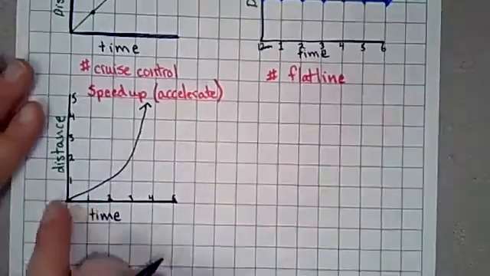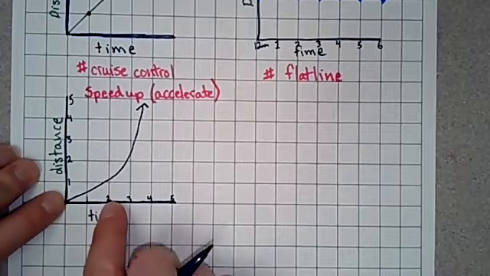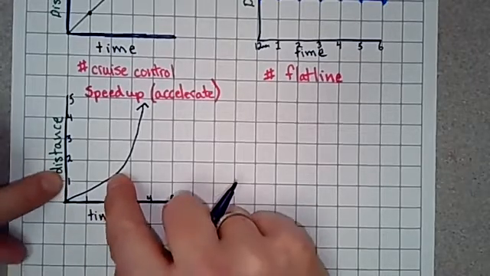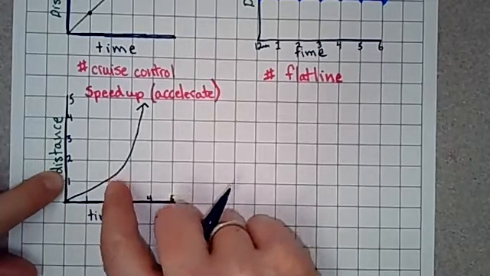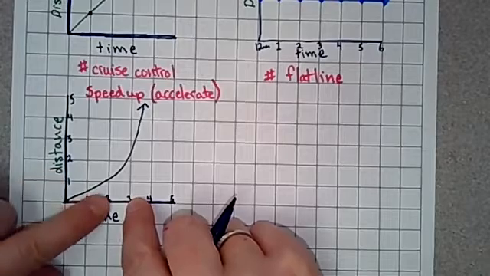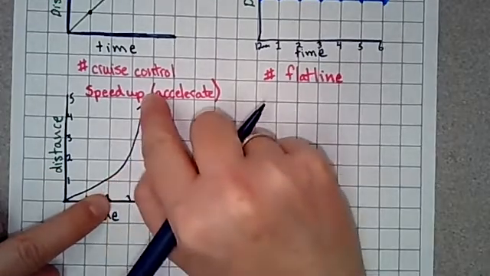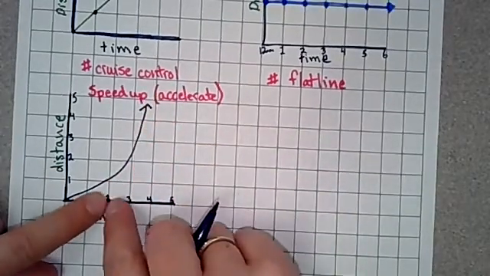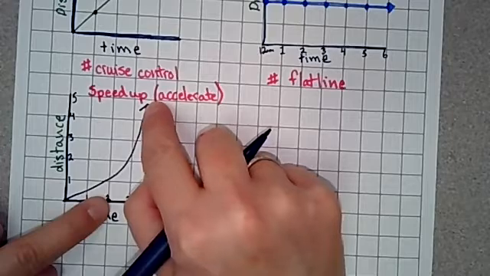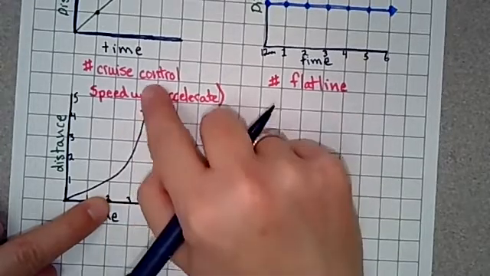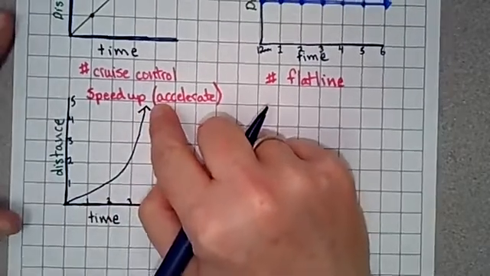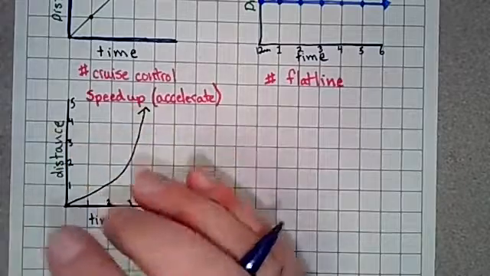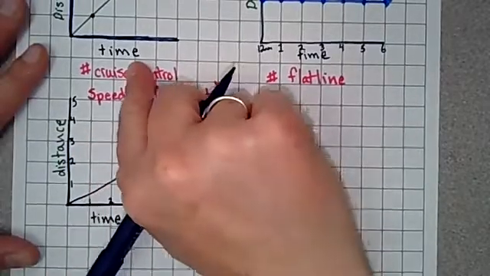But what I want you to see is in the first 2 seconds, they traveled 1 mile. But in the next second, they sped up, and they were able to go almost all the way up to 5 miles in the next second. Does that make sense? So they are going much faster because the graph went up.